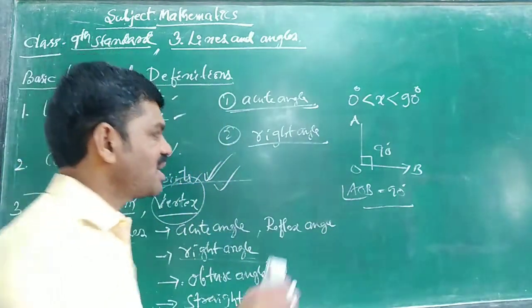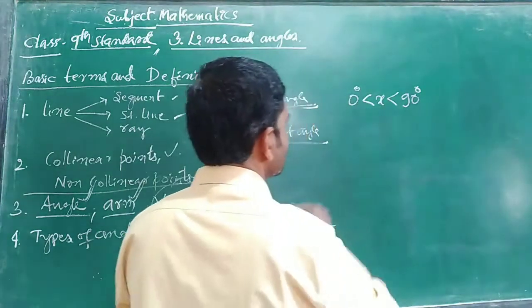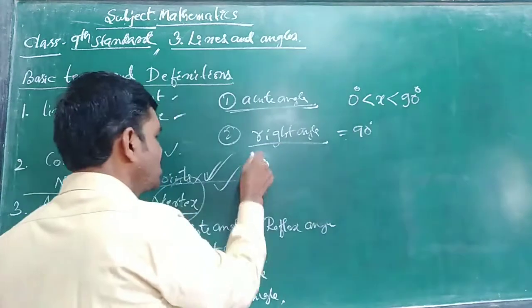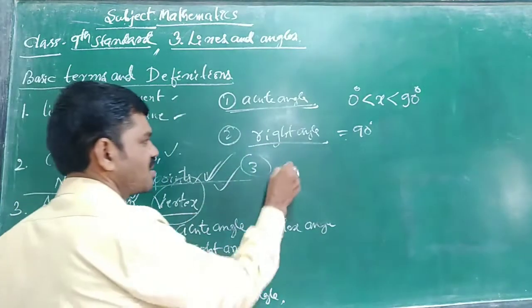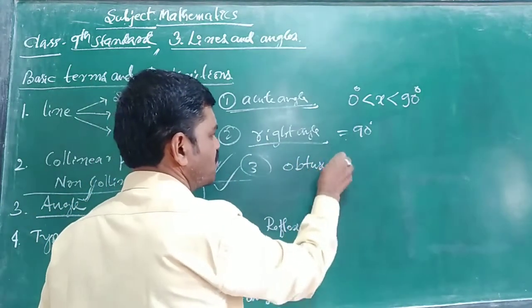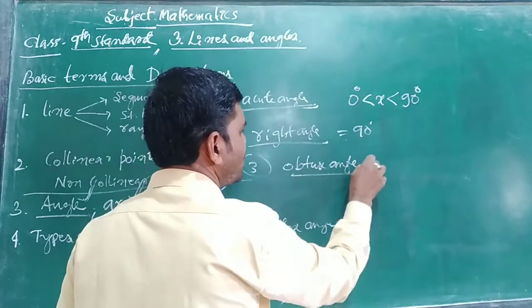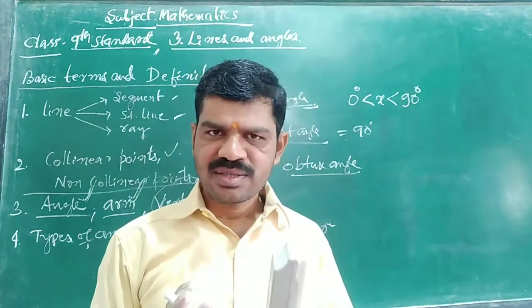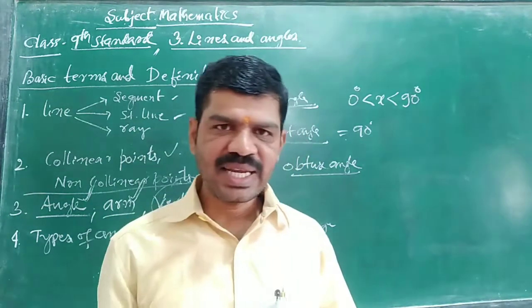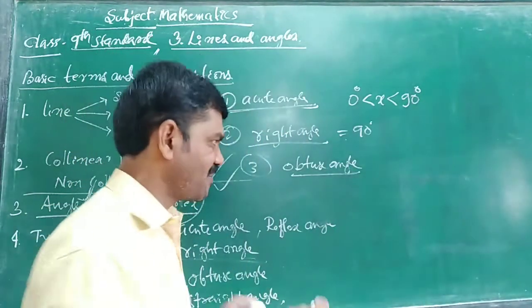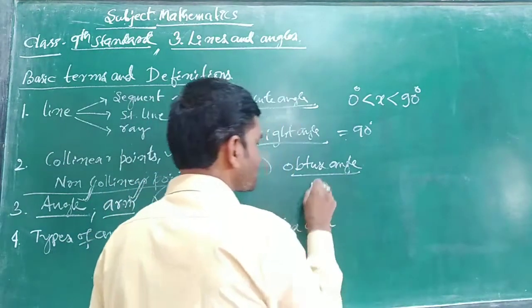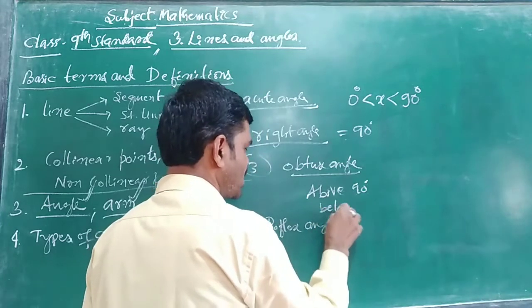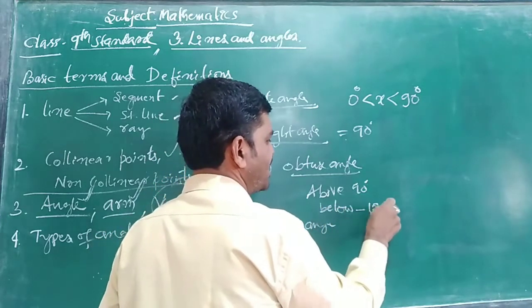Okay, now let us see third one, obtuse angle. What is obtuse angle? Obtuse angle is above 90 degree and below 180 degree. See here, above 90 degree and below 180 degree.